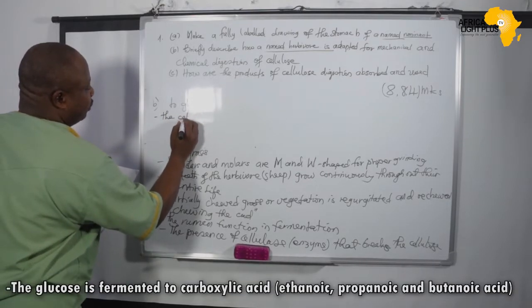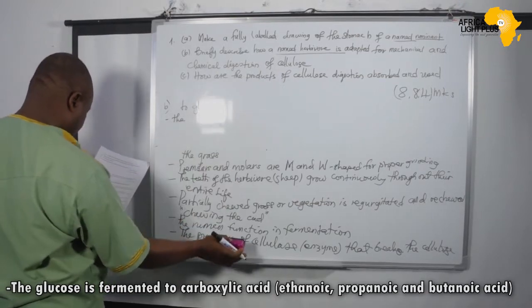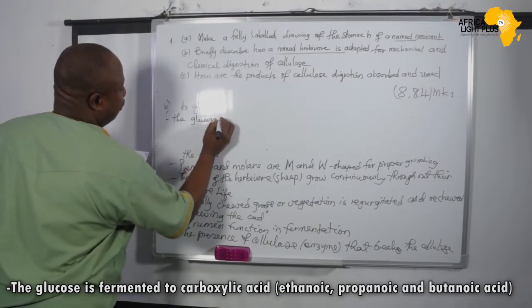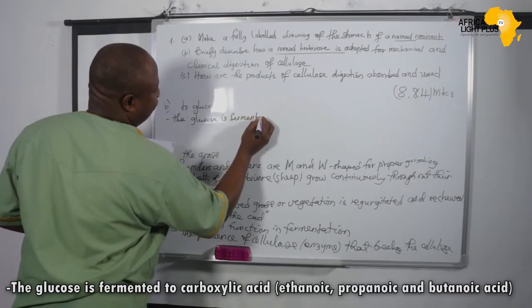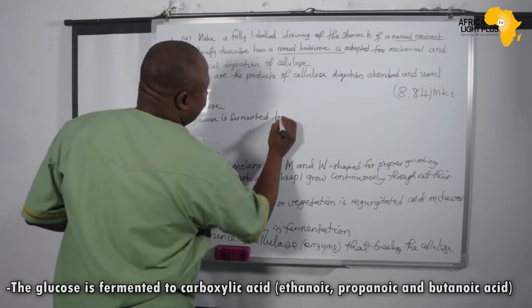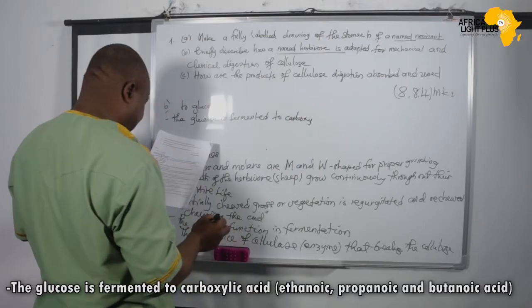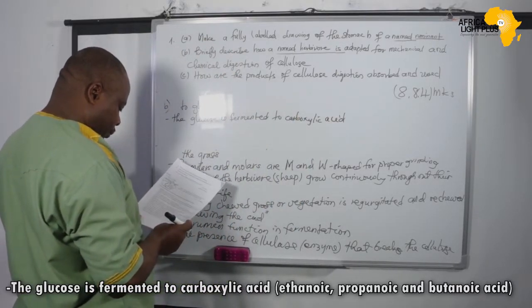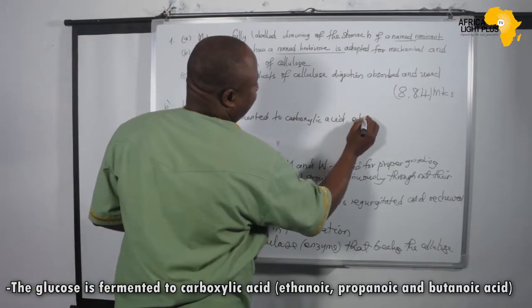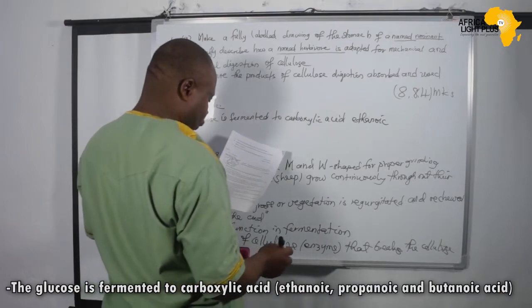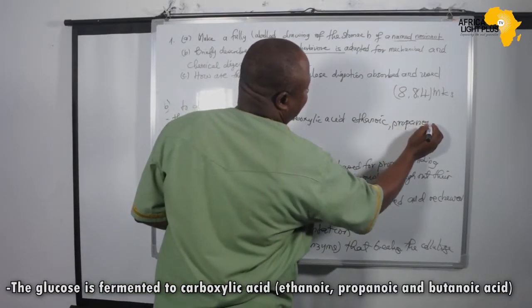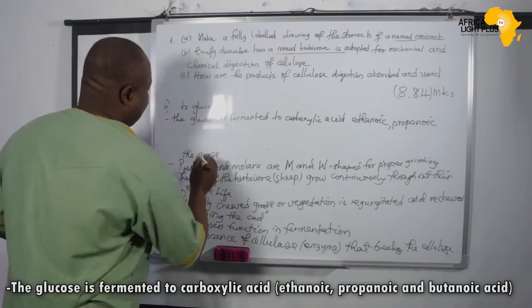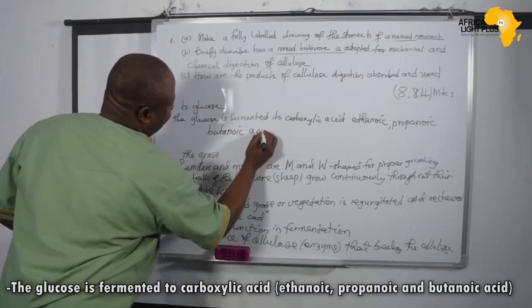Next, the glucose is fermented to carboxylic acid, partly ethanoic, propanoic, and butanoic acid.